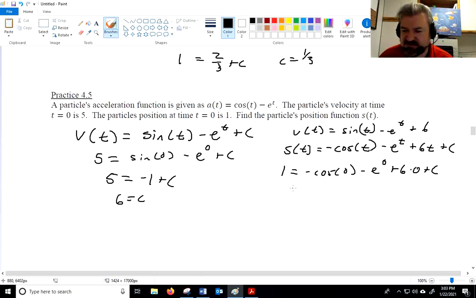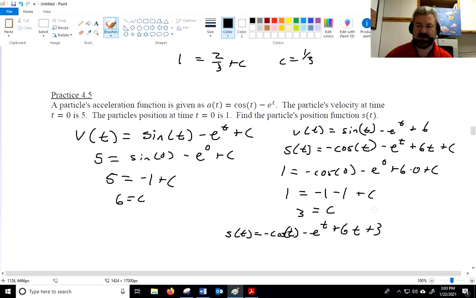All right, cosine of 0 is actually 1, so this is 1 equals negative 1. E to the 0 is 1, so minus 1, plus c, so I get 3 is equal to c. So s of t equals negative cosine of t minus e to the t plus 6t plus 3. And that is all she wrote.